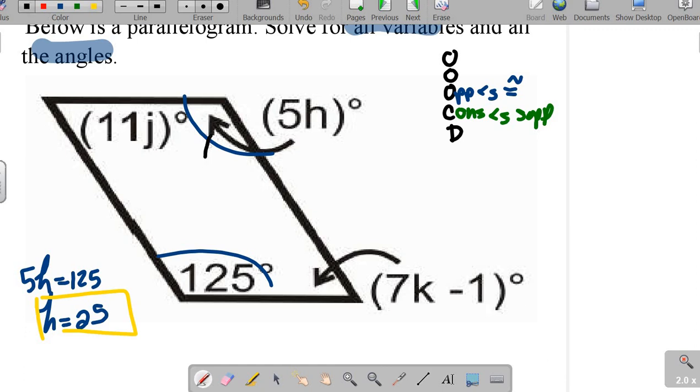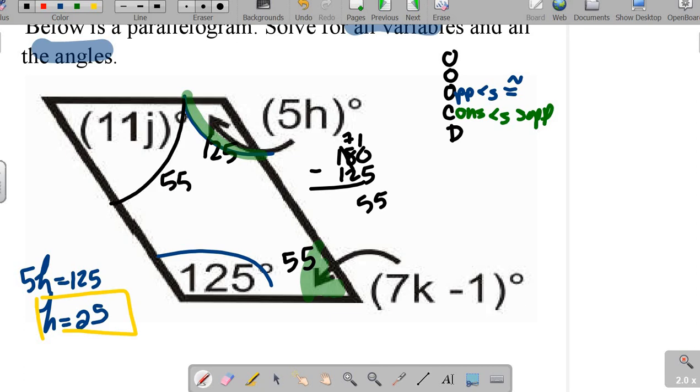Now you're like, measures. We know consecutive angles add up to 180. So if this is 125, whatever this angle is, it has to add up to 180. So 180 minus 125, we get 55, which means this right here is 55.